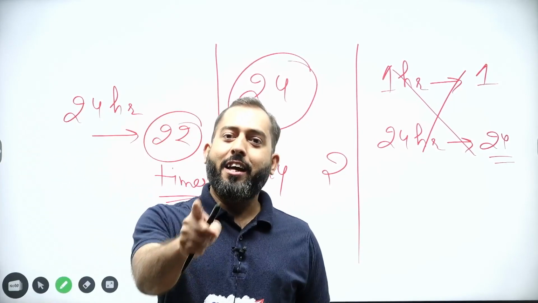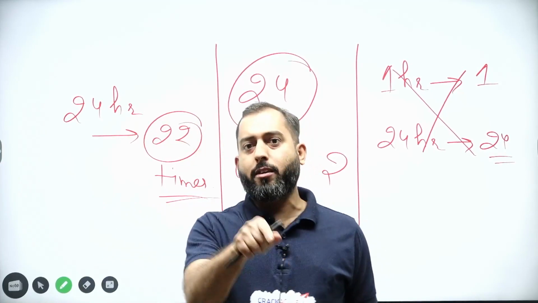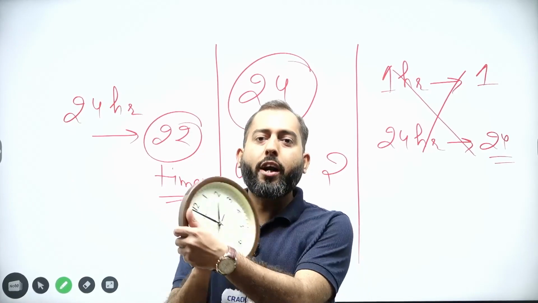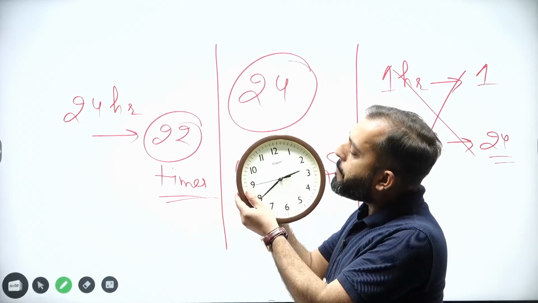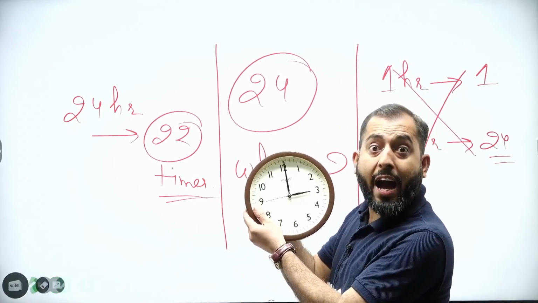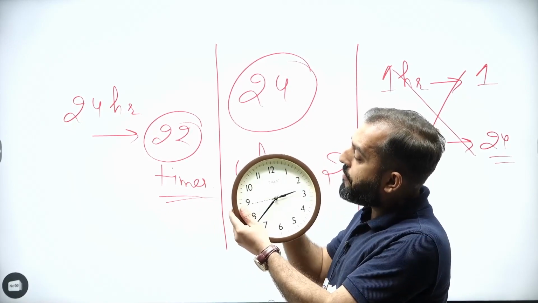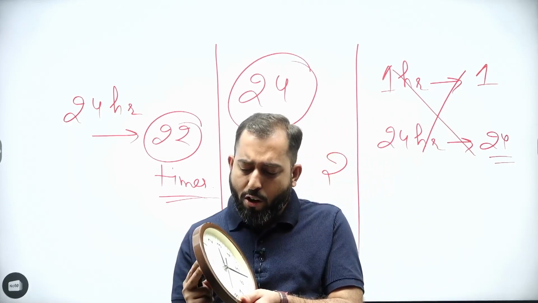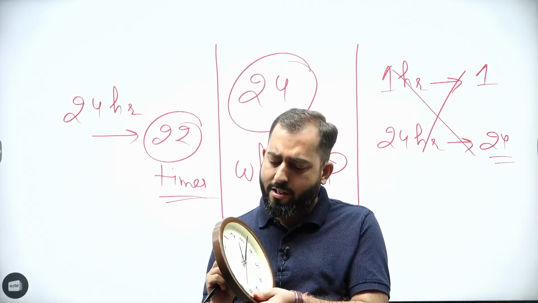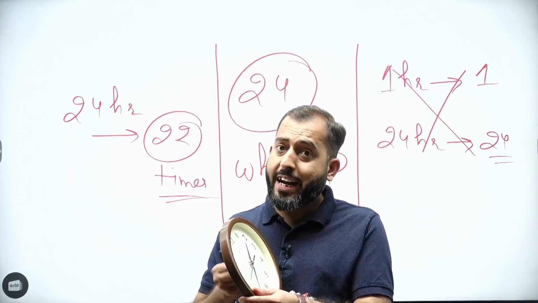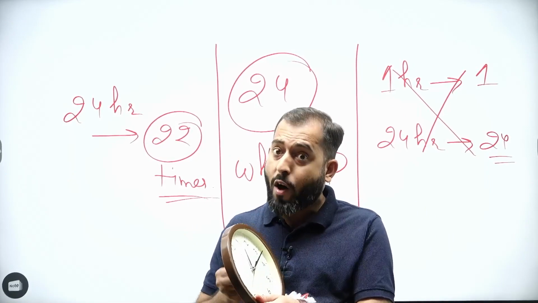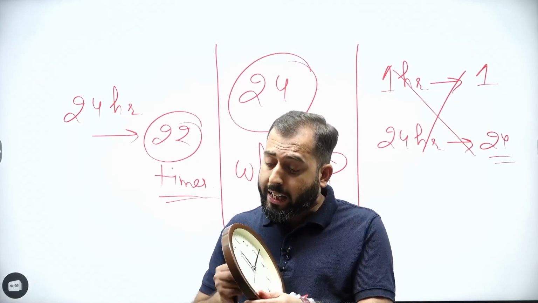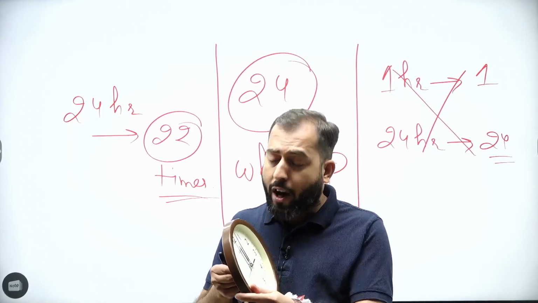How come? You were absolutely correct when you said from 1 till 2 hands will coincide only once. But what if I talk about a duration between 12 and 1? Give me a second. Let me draw the situation of 12 o'clock first. Please pay attention to my words. I'm saying 12 to 1, not exactly 12, not exactly 1. I'm looking for a time between 12 o'clock and 1 o'clock.